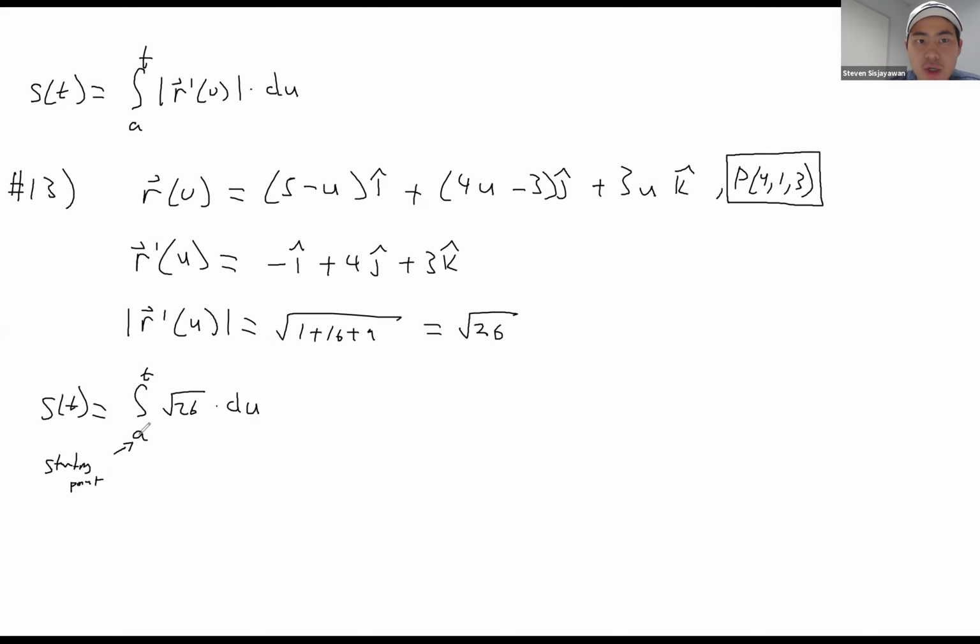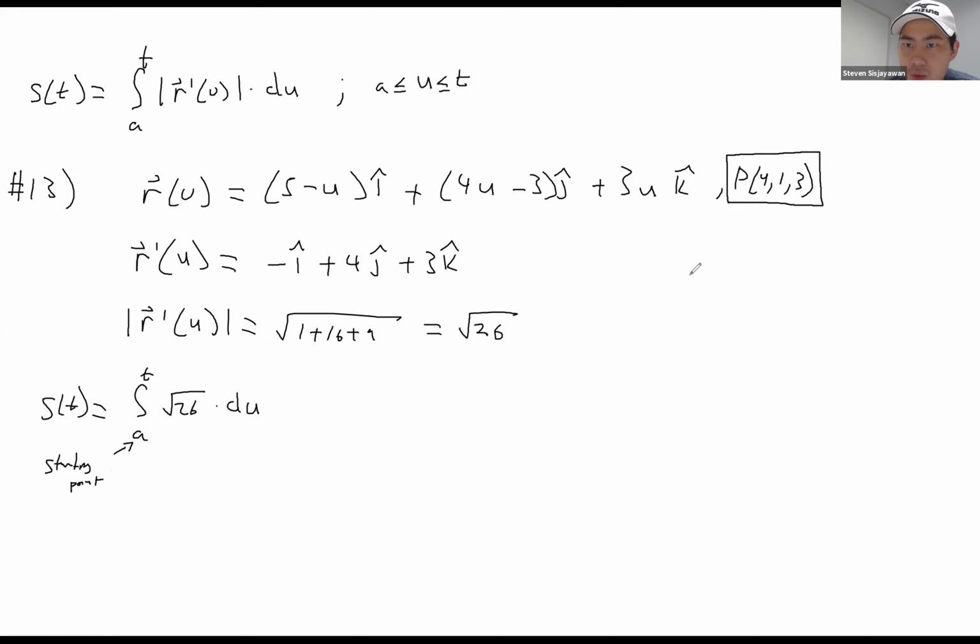And it has to be in terms of u, right? So going back to this question, I forgot to specify that u is actually squeezed in between a and t. So let's try and correlate how we find the value of u from this starting point P of (4, 1, 3).